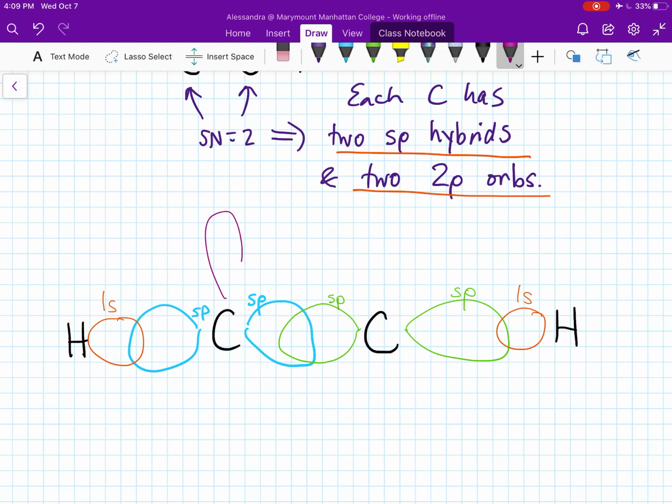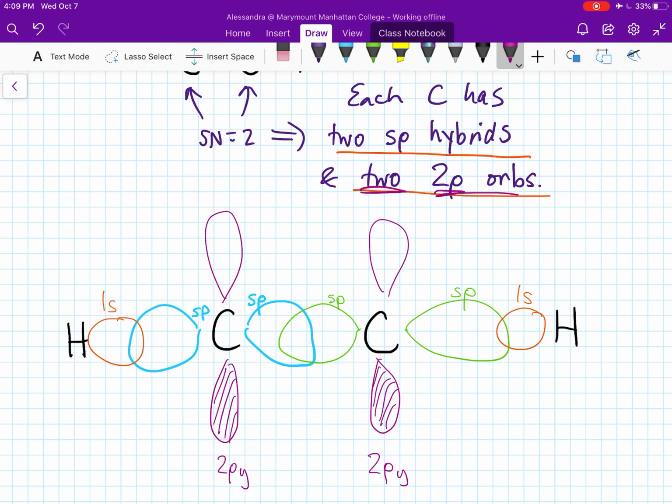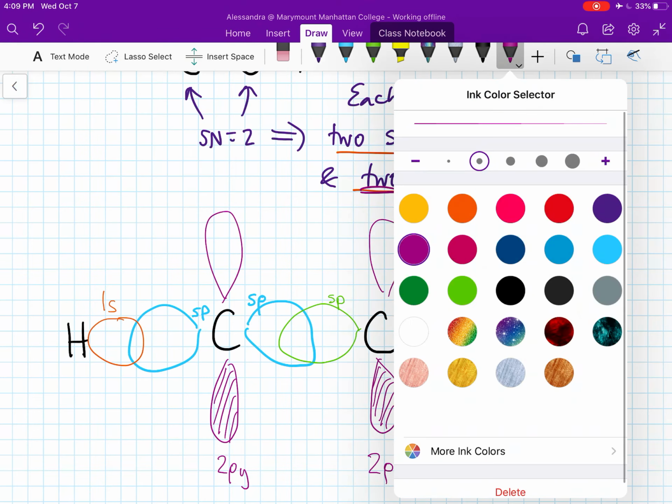I'm going to draw one of them like this, and label it 2py because it's going in the vertical direction, along the y-axis. So here's 2py on that carbon, and here's 2py on the other carbon. But I know that each of them actually has 2 2p orbitals left unhybridized.